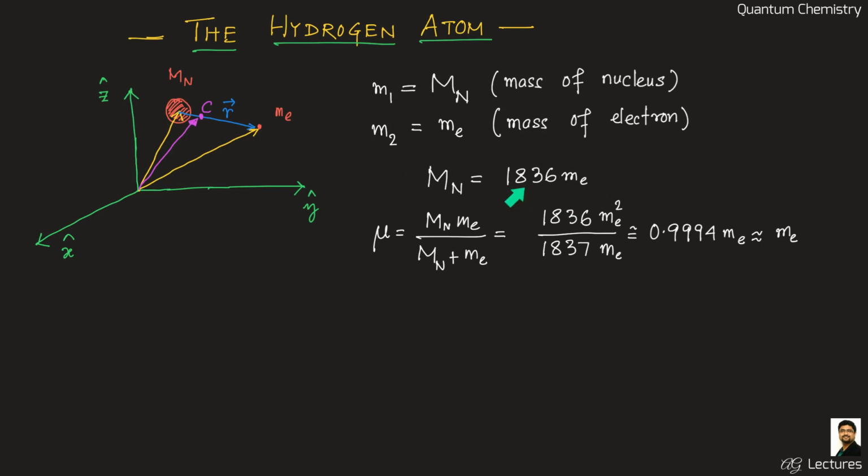And if we have this ratio in hand, then the mu, or the reduced mass of the system, turns out to be pretty close to the mass of the electron, and therefore we can safely assume that the reduced mass mu and the original mass of the electron Me are pretty much the same. In other words, we can assume that the mass of the nucleus is infinitely heavier than the mass of this electron.